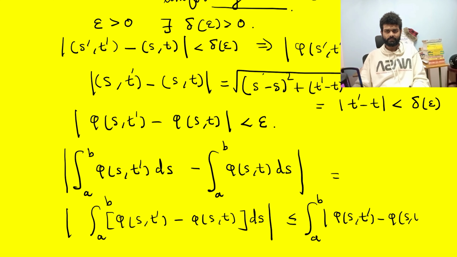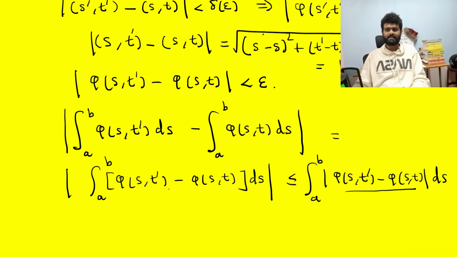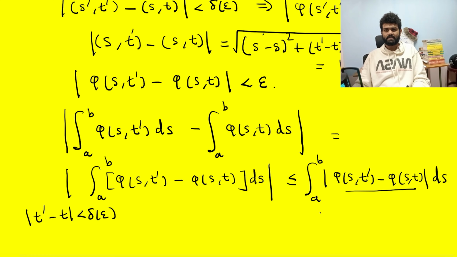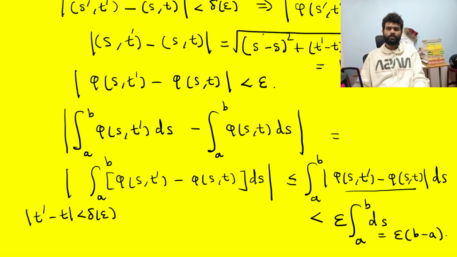Now we know that this is bounded above by epsilon because t' and t differ by less than delta epsilon. So this is bounded above by epsilon times the integral from a to b of ds, which is basically epsilon times b minus a.